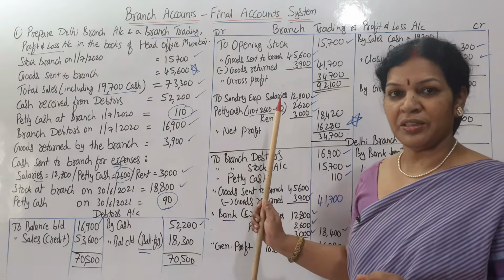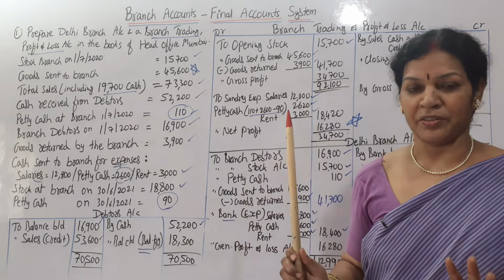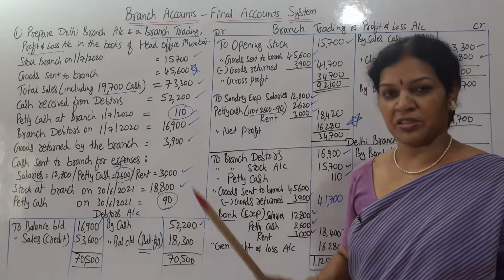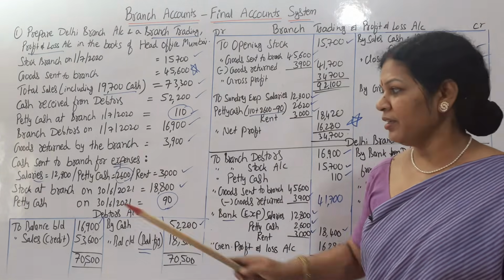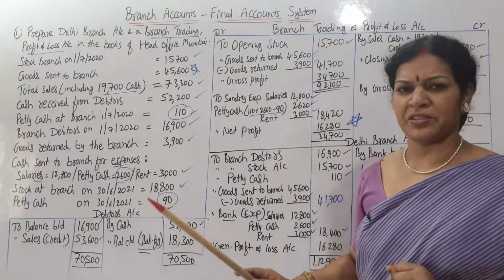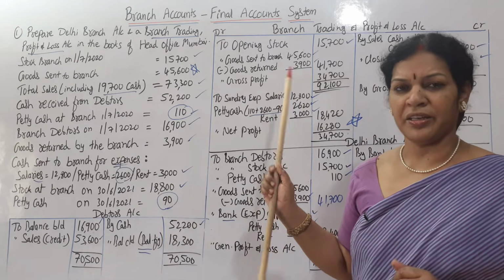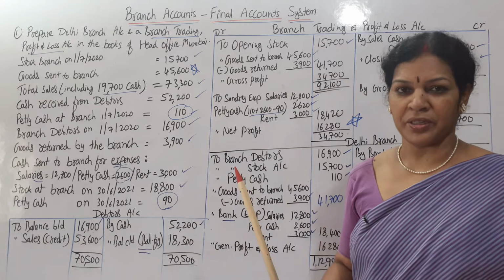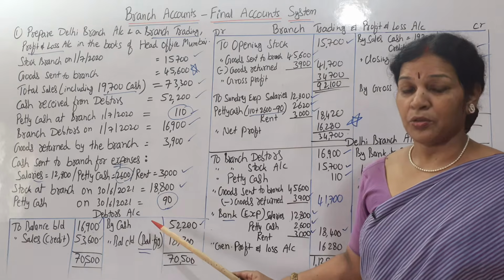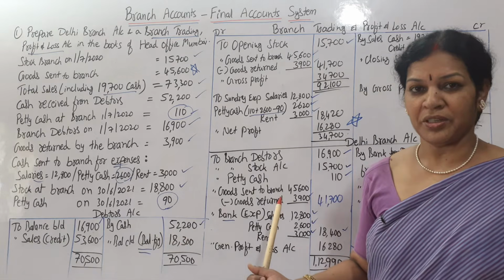So that is the treatment in the profit and loss account. When it comes to the branch account, as it is, 2600 you are writing. And closing stock comes twice, trading account credit side and also the branch account credit side. And petty cash, closing cash, comes in the branch account credit side.